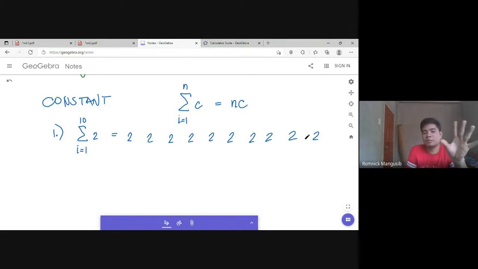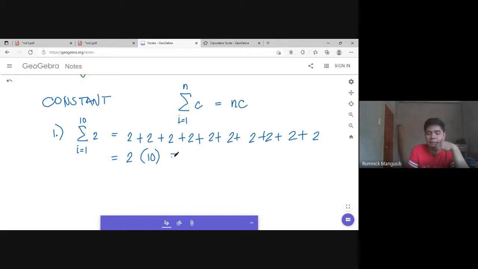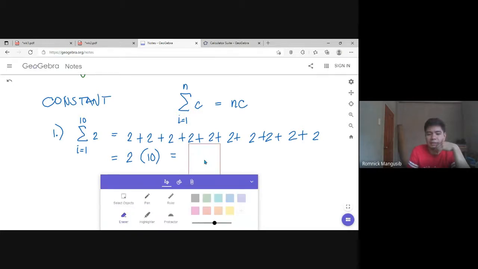Ang 1 to 10, ibig sabihin 10, 10 2. Okay? So that is 2 plus 2, 3, 4, 5, 6, 7, 8, 9, 10. Where in fact, by a factoring technique, that is simply 2 times 10. Or 10 times 2. Okay? Mas klaro itong isa. 10 times 2. Ibig sabihin, 10 2. So the answer is 20.